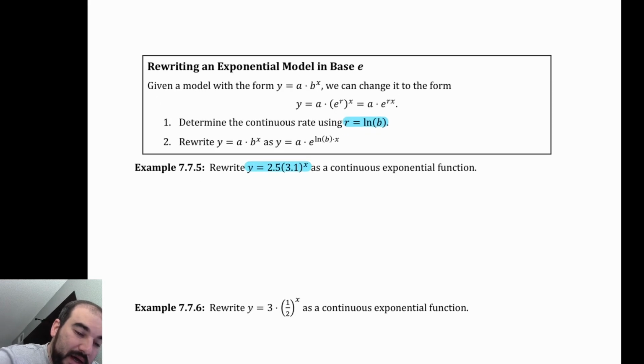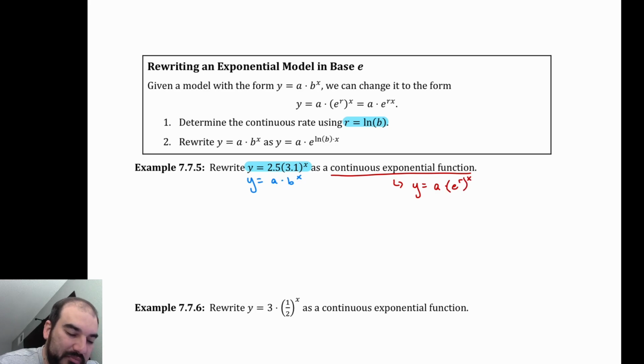So then we rewrite a function like this. This is written as y equals a times b to the x power, and we want to convert this to write it as a continuous exponential function, which means we want to write it as y equals a times e to the r to the x power.